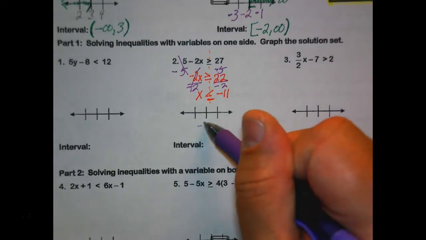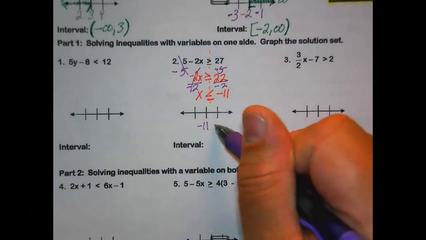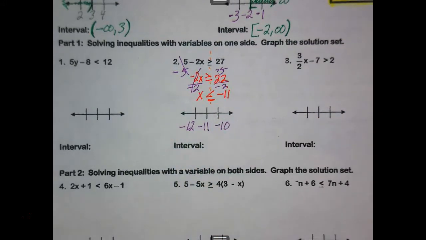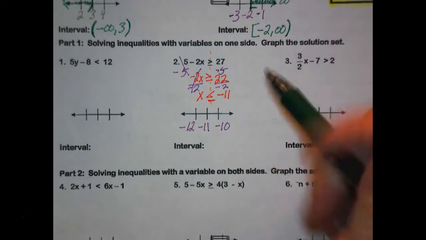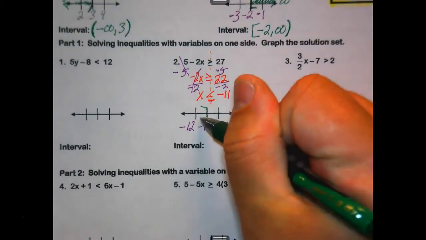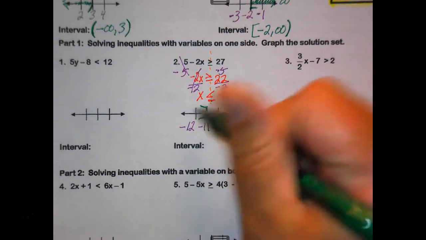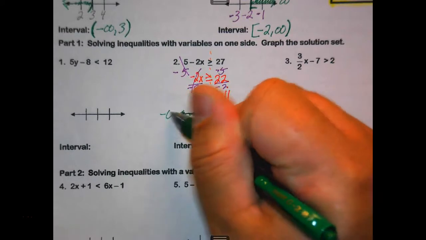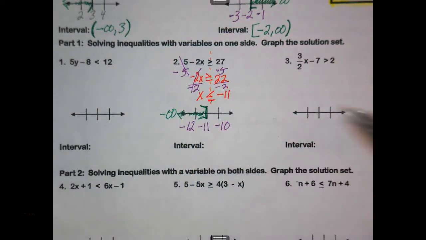The negative 11 goes in the middle, one bigger, negative 10, one smaller, negative 12. Bracket because of the equal sign. And I'm going to follow the arrow, so all those numbers less than negative 11 go to negative infinity.